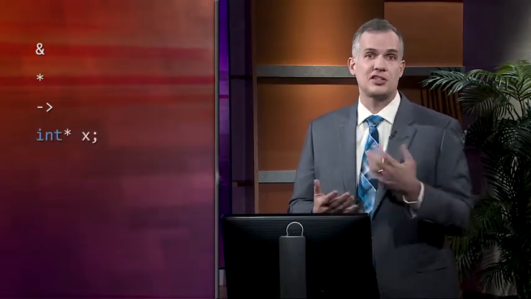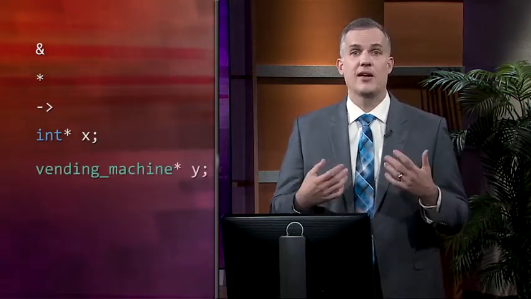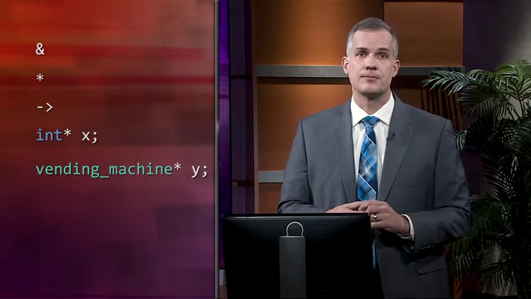Okay, to create a pointer, we first list the type of the thing that we're pointing to, but then we also include an asterisk after the type, indicating that this variable is going to contain an address where there's something of that type. The asterisk is commonly read star. So, a pointer to an integer would be an int star. A pointer to a vending machine would be a vending machine star.